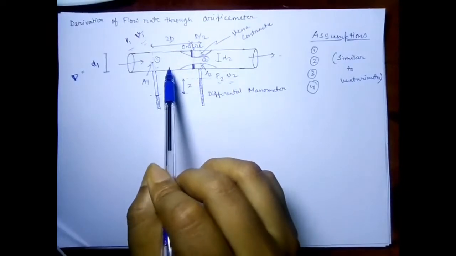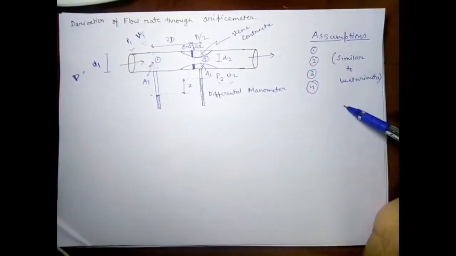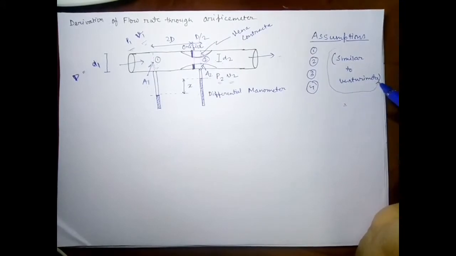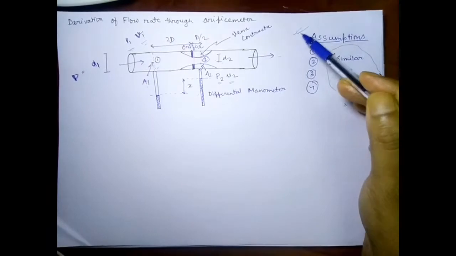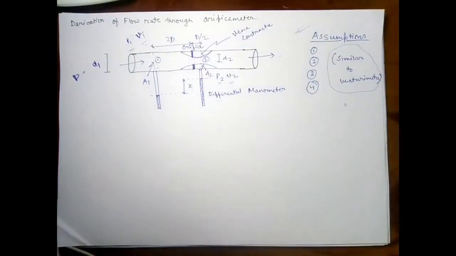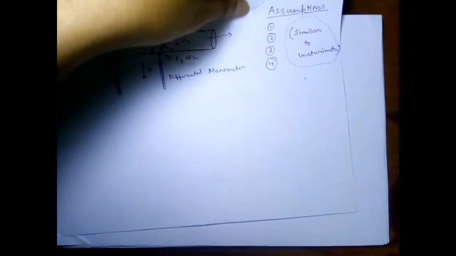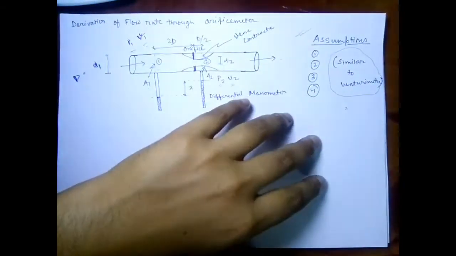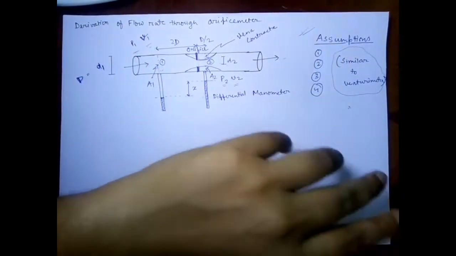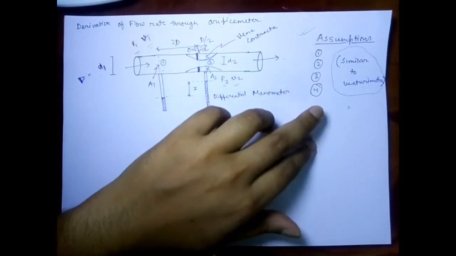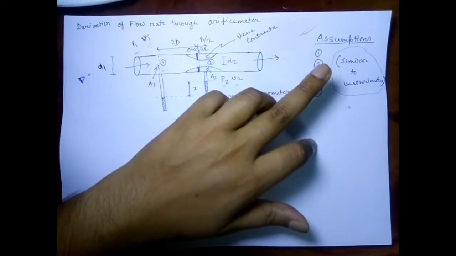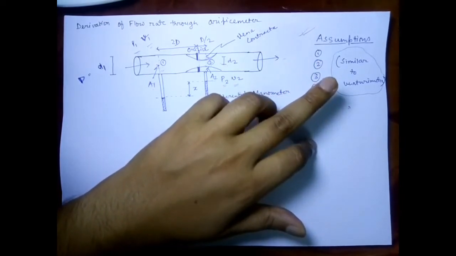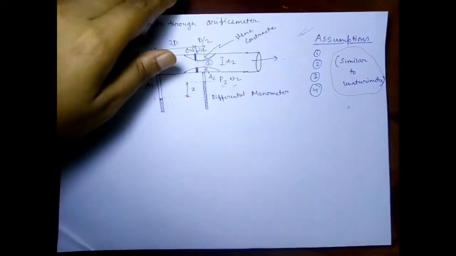So it is a streamline flow, and four assumptions are made, similar to the Venturi meter, because both the Venturi meter and orifice meter are derived on the basic application of Bernoulli's equation. The assumptions are that the fluid is ideal, inviscid and incompressible, the flow is steady and continuous, the fluid flow is irrotational, and the inner surface is frictionless.